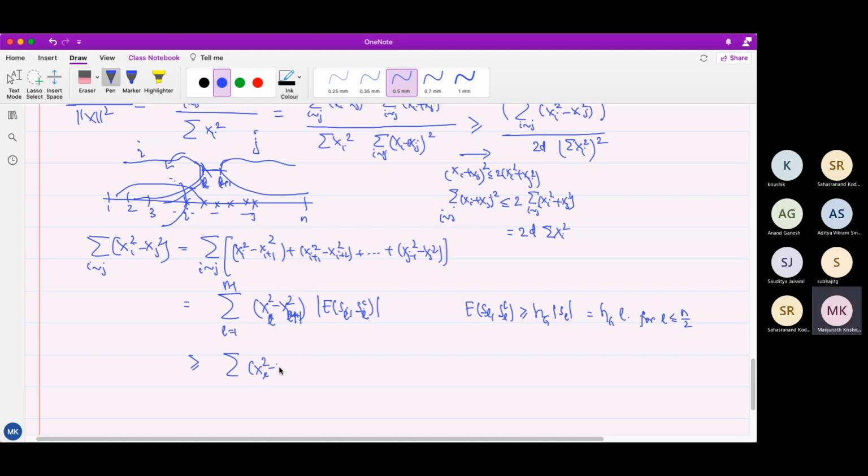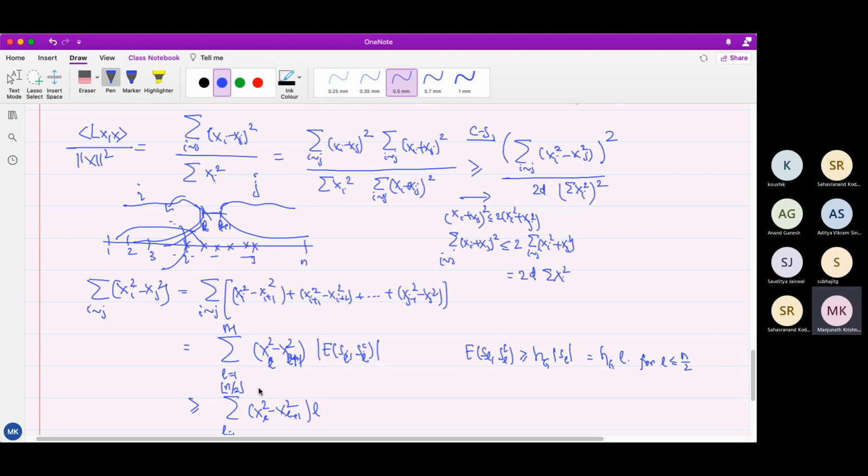Something like xl square minus xl plus 1 squared times l for l running up to n by 2. Okay. Yeah, what is this? So I want to just, yeah, what is the last part? Okay, sorry, I may have to look it up.